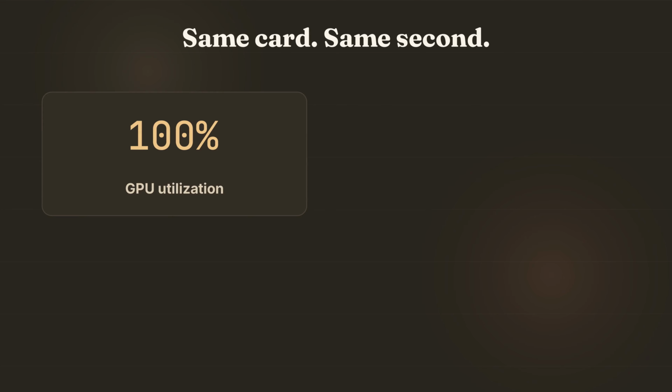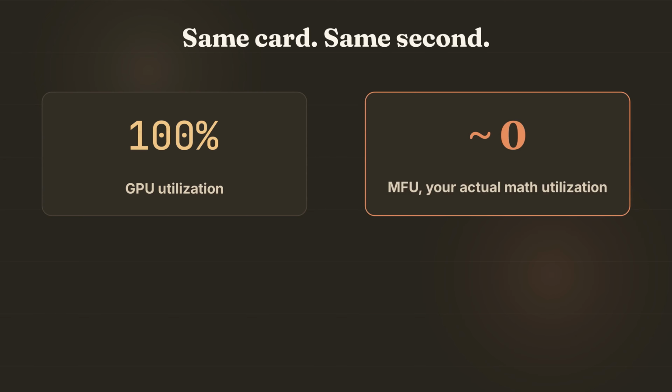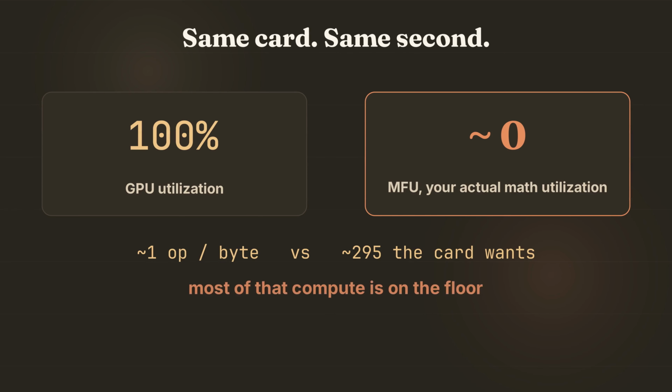That one is short of bytes rather than short of math, and we've said that a few times. It keeps jobs running back to back, so this reading pins at 100 and stays there. But your actual math utilization, your MFU, comes back near zero. That's the same one operation per byte we worked out earlier against the roughly 300 your card wants. Same card, same second, and you're leaving most of that compute on the floor.